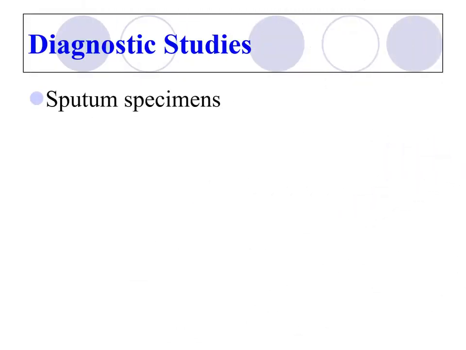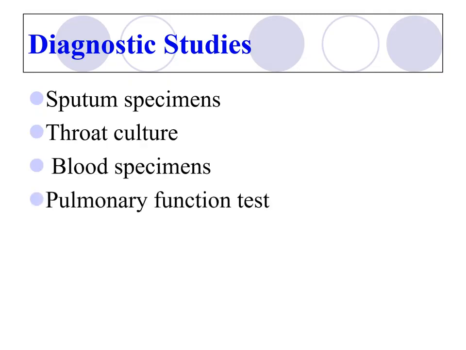Diagnostic study for the respiratory system: we can take a sputum specimen. It can be taken for normal analysis, and it can be taken for culture and sensitivity. We can take a throat swab for culture.